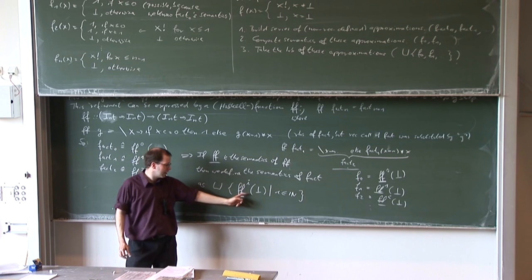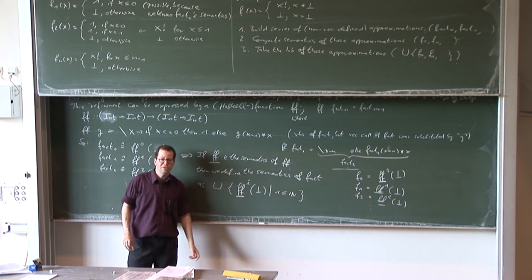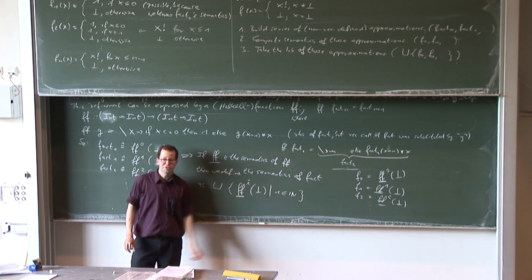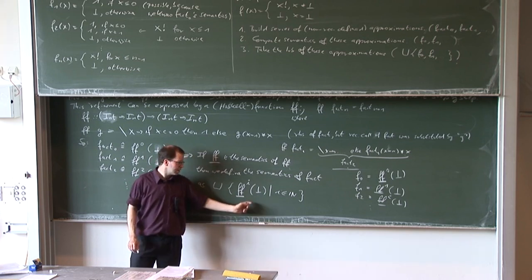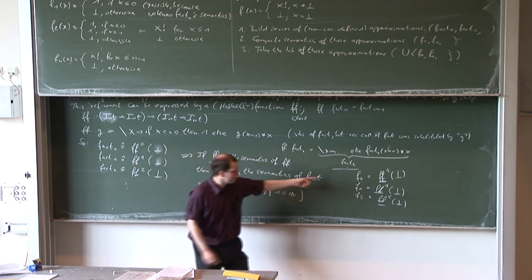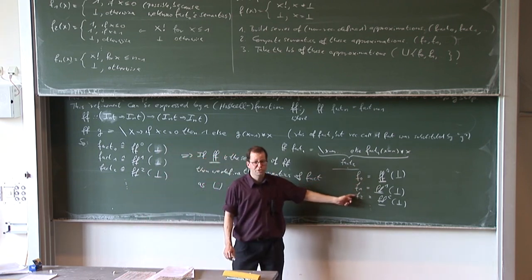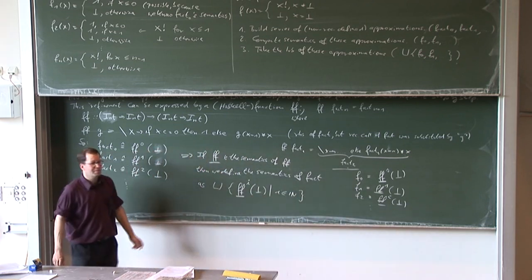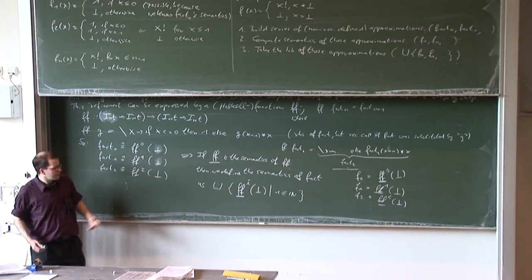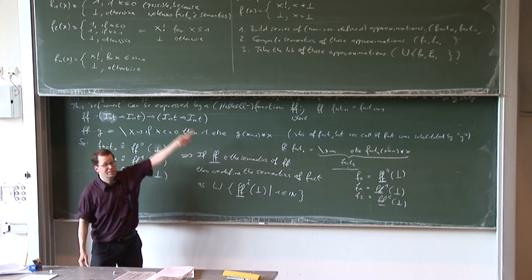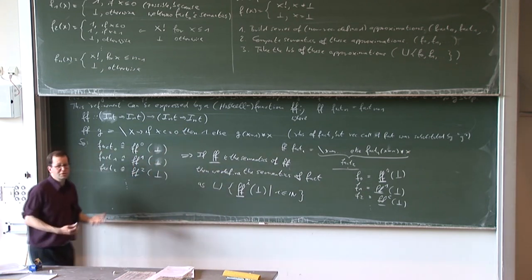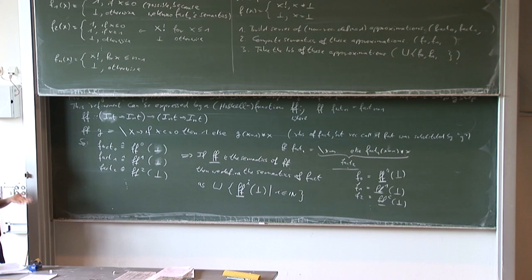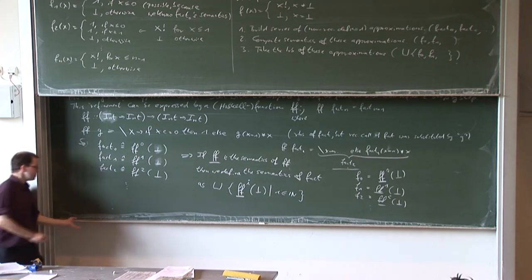Ff underlined applied 0 times to the completely undefined function, then applied 1 time, applied 2 times, and so on. So I get this chain. This is the same as f0, f1, f2, what I wrote down before. We take the least upper bound of this chain, and that's the semantics of fact. Indeed, this thing is the same as this, just different notation, but it's more systematic because we can determine this ff in a systematic way.